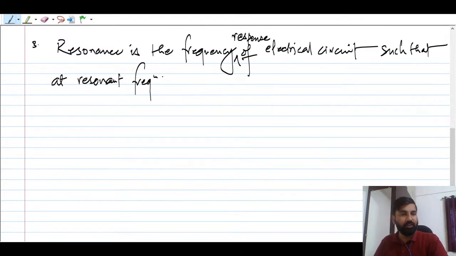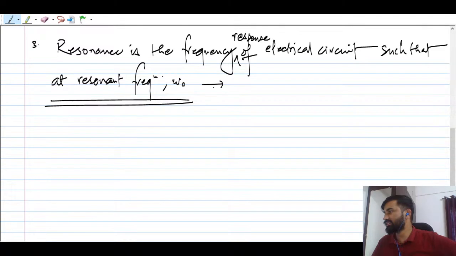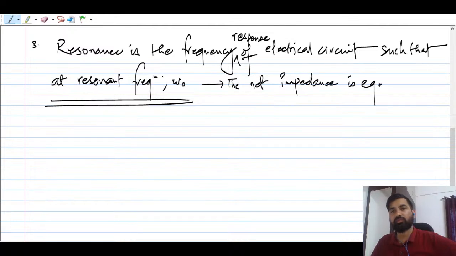Resonance is the frequency response of the electrical circuit such that at the resonance frequency, omega naught, the net impedance is equal to the resistance only.